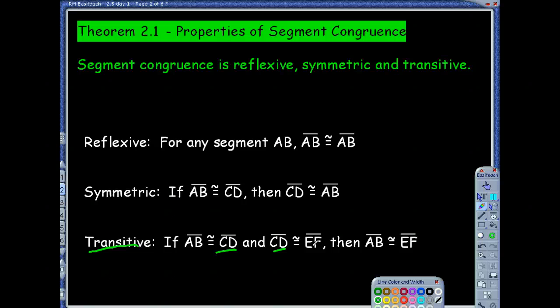And adding to both sides only works for equality as well. If you think about it, you can't add segments, you add their measures. When we talk about the segments' measures, that's equality. So we can add things when they're in that equality state, but not in congruence. So these are the only properties of equality from the other day that work for both. That's absolutely correct. That's good to know.